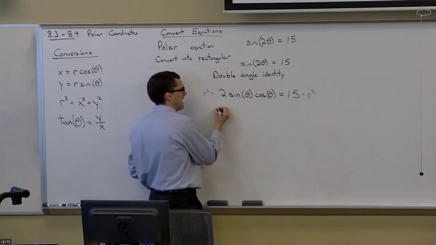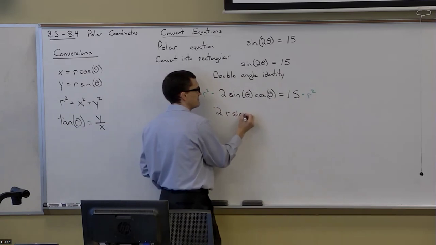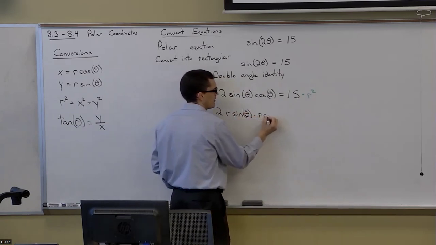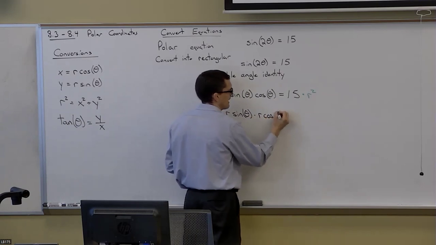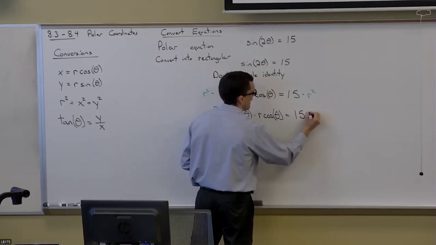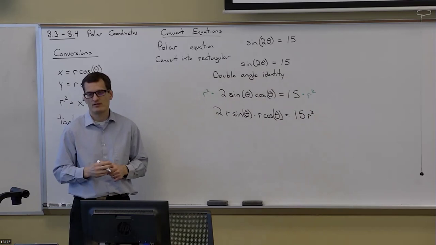If I do that, I can attach one r to my sine theta, one r to my cosine theta, and then on the right-hand side, I'd have 15 times r squared.